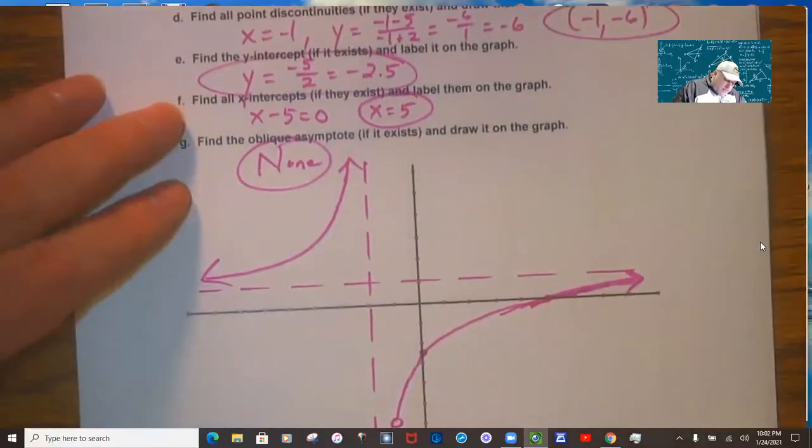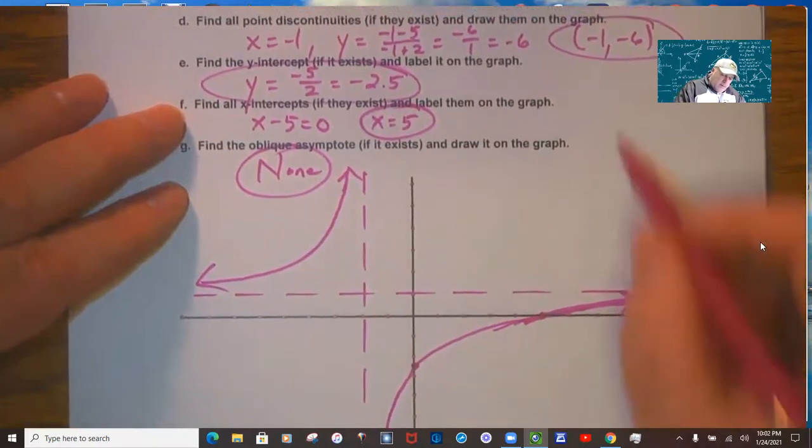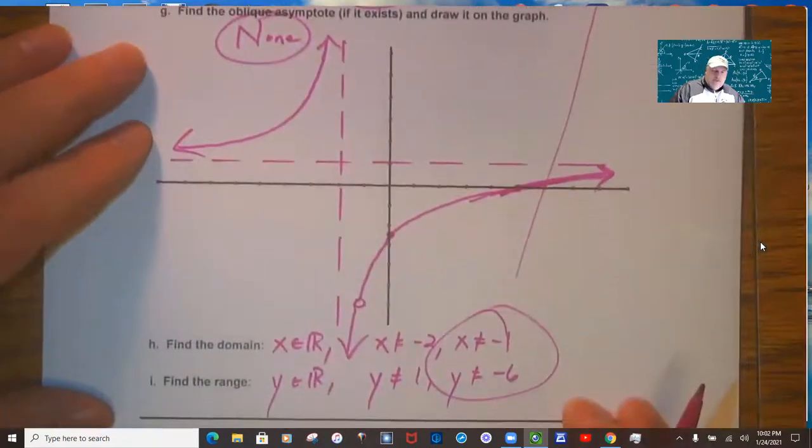Domain, okay, we need to strike out vertical asymptotes and the x value. In the range, horizontal asymptotes and the y value of the point discontinuity. Again, those has to appear down there.